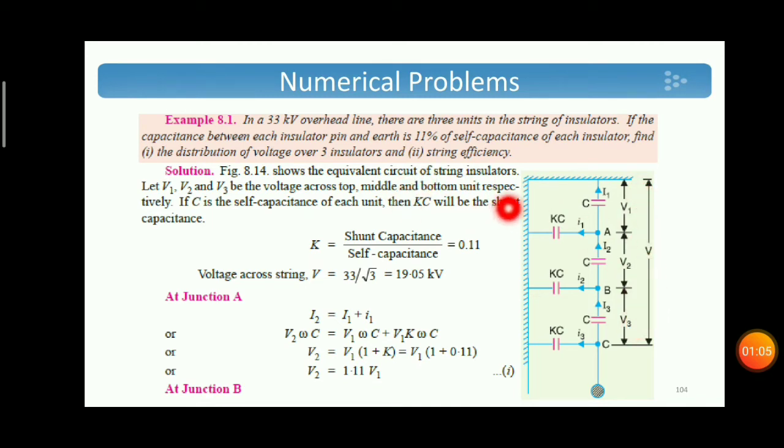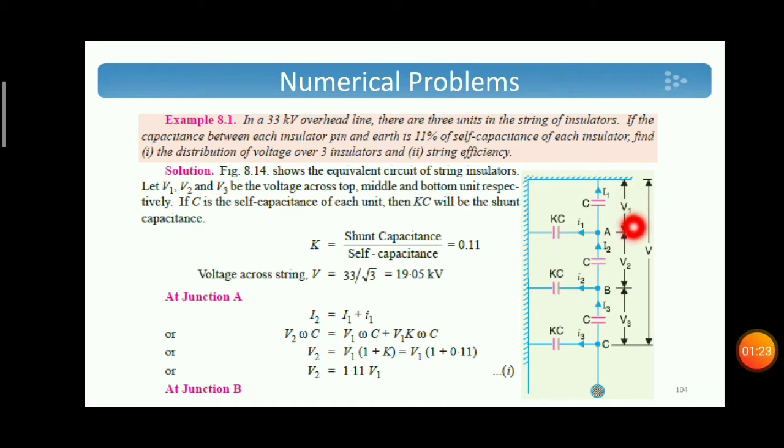also the string efficiency. When we derived the equation for string efficiency, we used Kirchhoff's current law. According to that, at junction A, I2 equals capital I1 plus small i1.